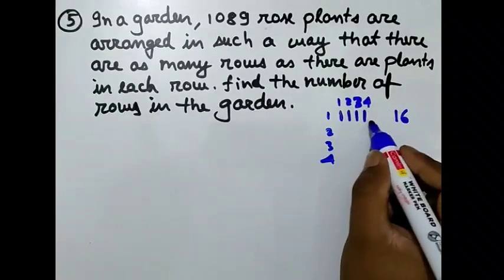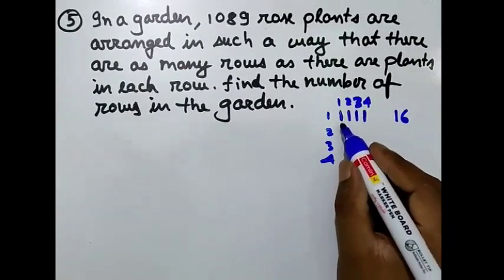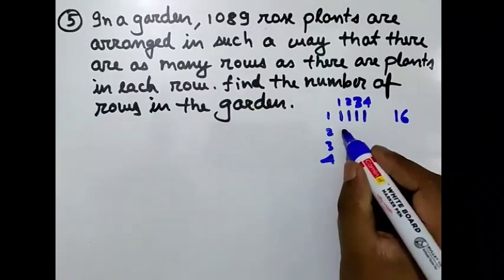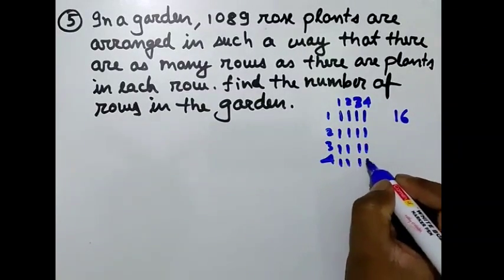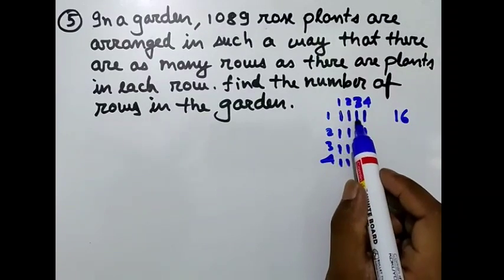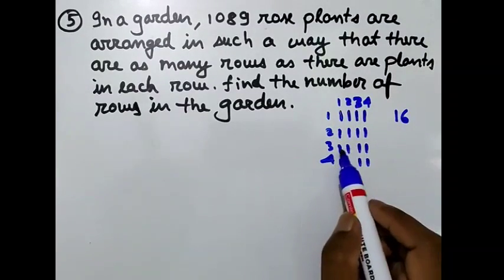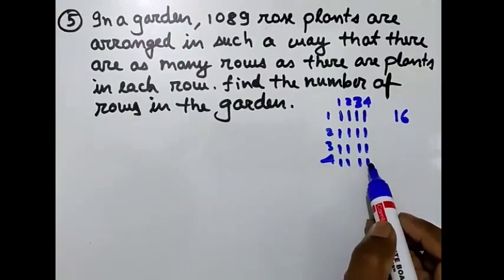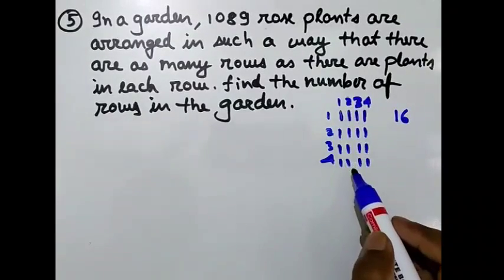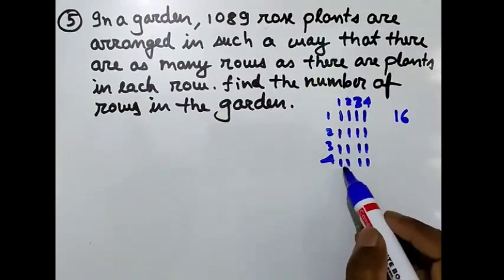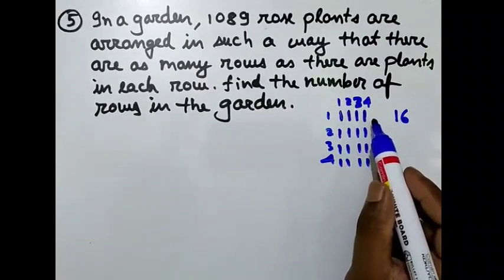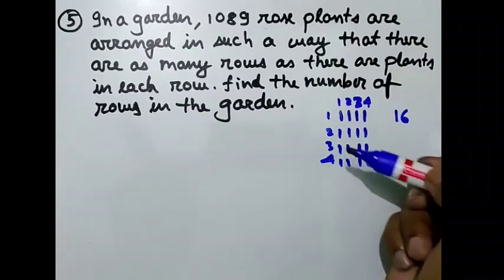Let's count 1, 2, 3, 4, 5, 6, 7, 8, 9, 10, 11, 12, 13, 14, 15, 16. So all 16 roses are perfectly arranged in 4 rows, with 4 in each row.